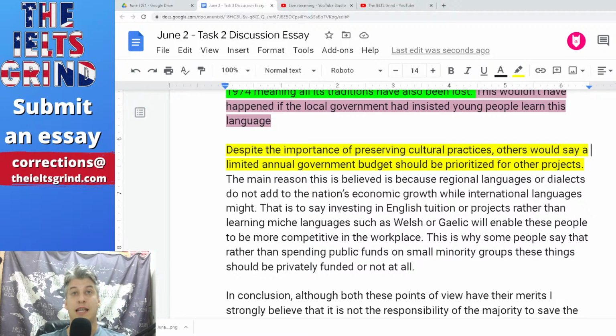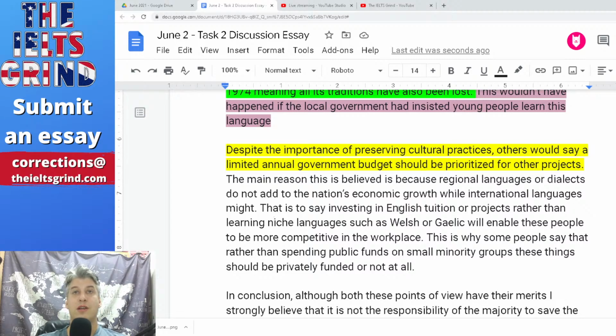That is to say, investing in English tuition or projects rather than learning, it should be niche, not miche, niche languages such as Welsh or Gaelic will enable these people to be more competitive in the workplace. This is why some people say that rather than spending public funds on small minority groups, these things should be privately funded or not at all.